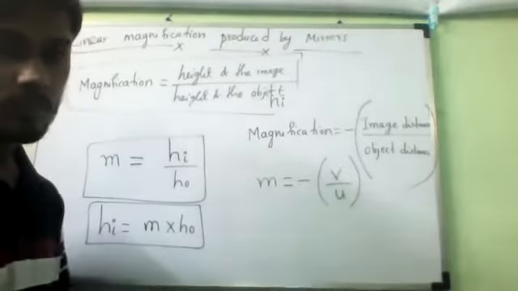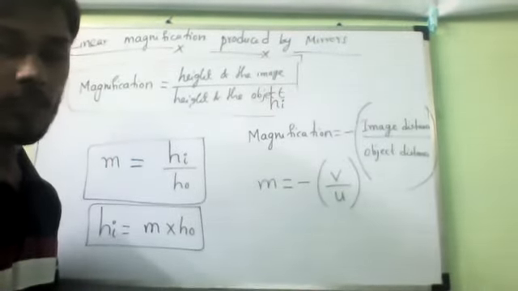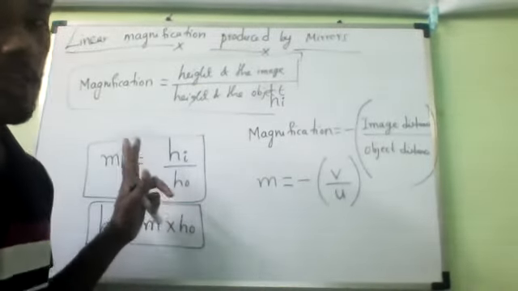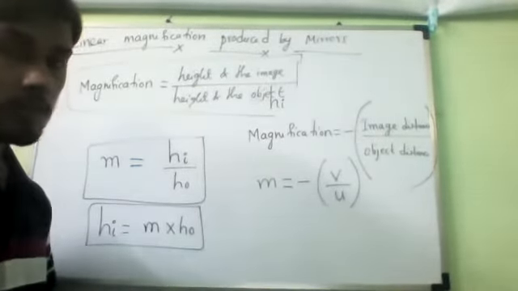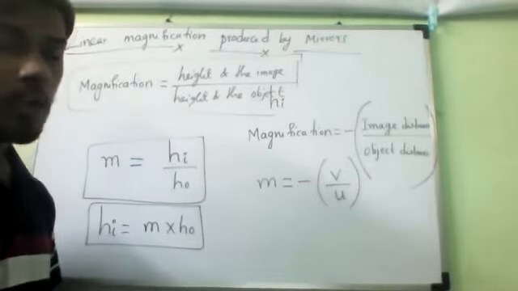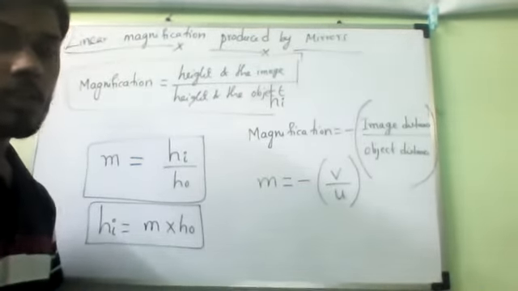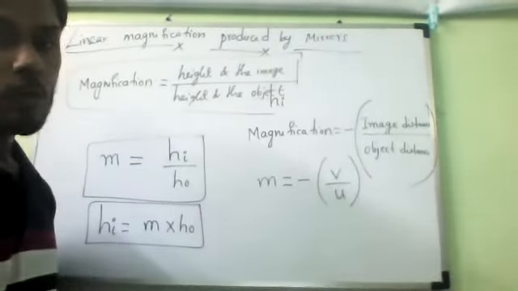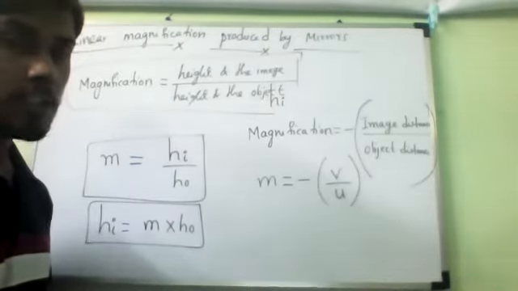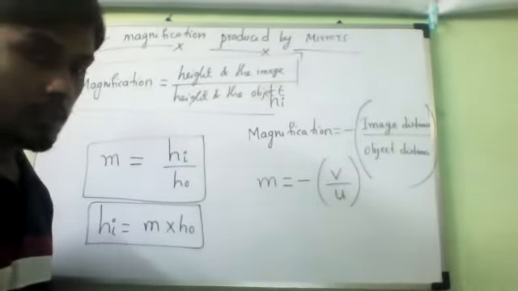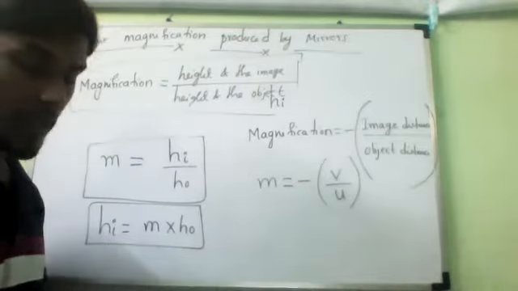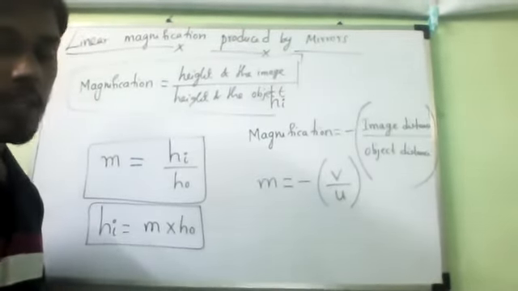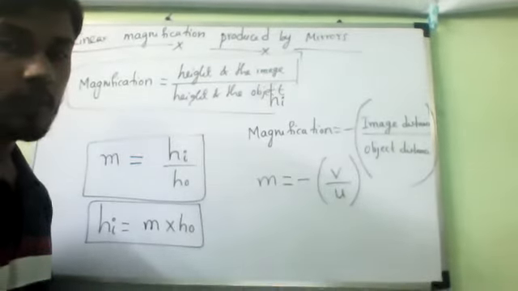Definitions you want, correct? First definition, you write: the ratio of the height of the image to the height of the object is known as linear magnification.